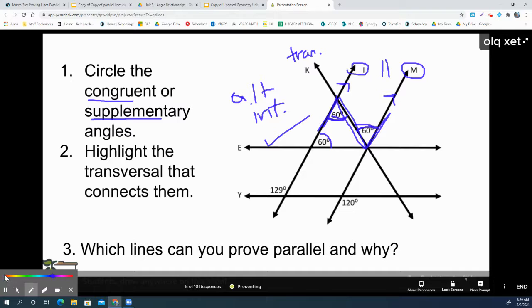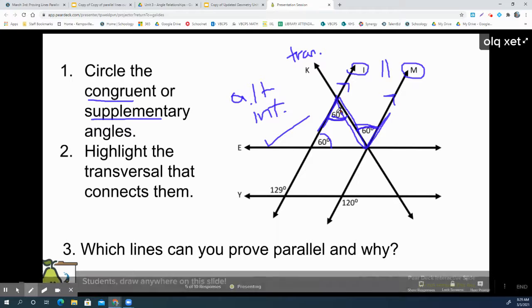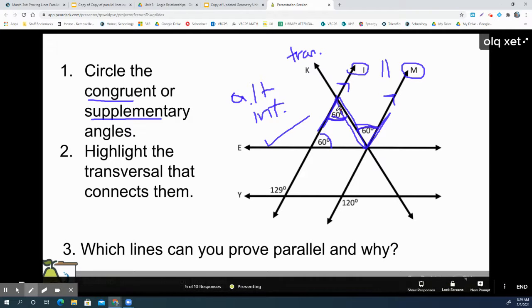Supplementary, the two other sixties, so in the triangle, the 60 and 60, wouldn't those be supplementary? Supplementary adds up to 180. Our same side interior angles are supplementary, so they would have to be 180, and these are only 120. We could use this 60 and this 120, maybe.